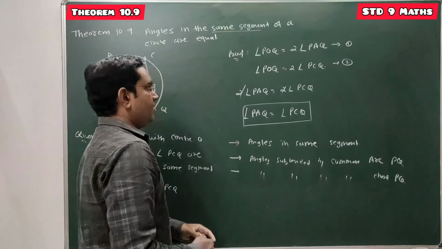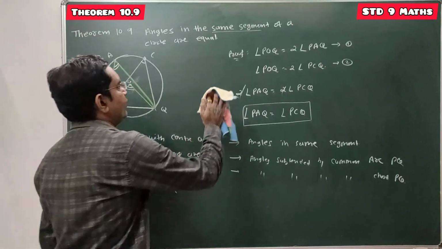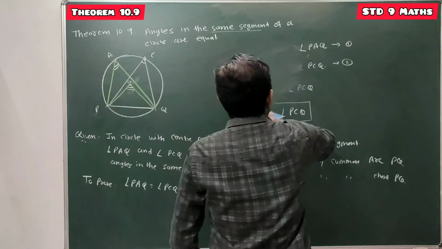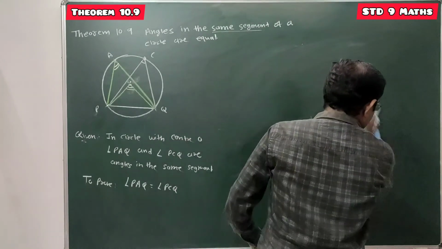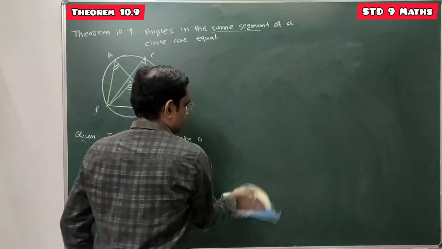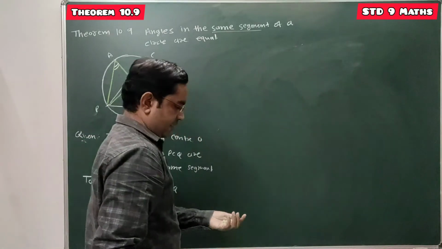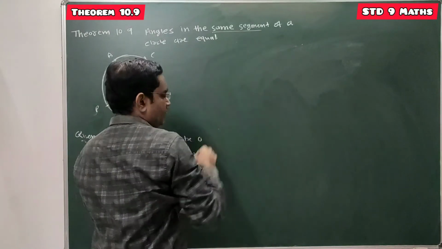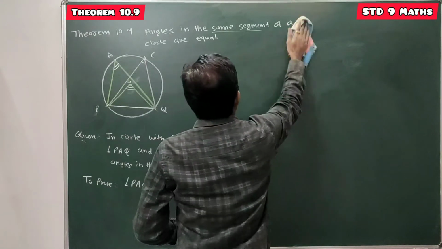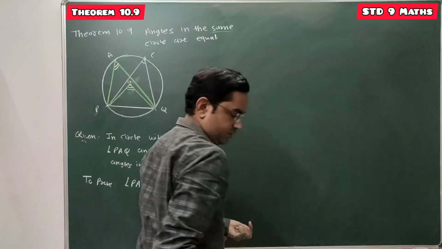Done. And one converse of this theorem 10.9 is also there. So we have to study that proof. Converse of theorem 10.9: the angle subtended in a semicircle is always 90 degrees. That will also be used in our numericals.